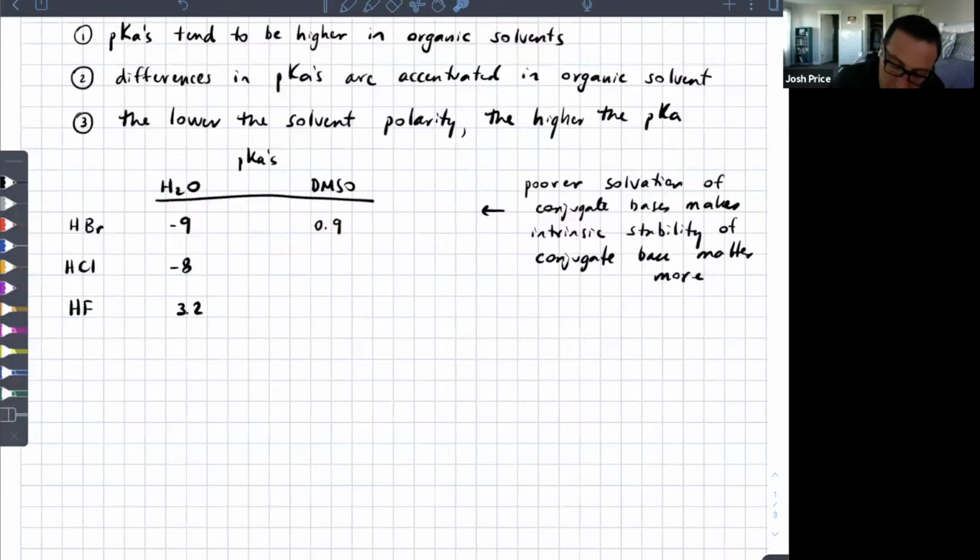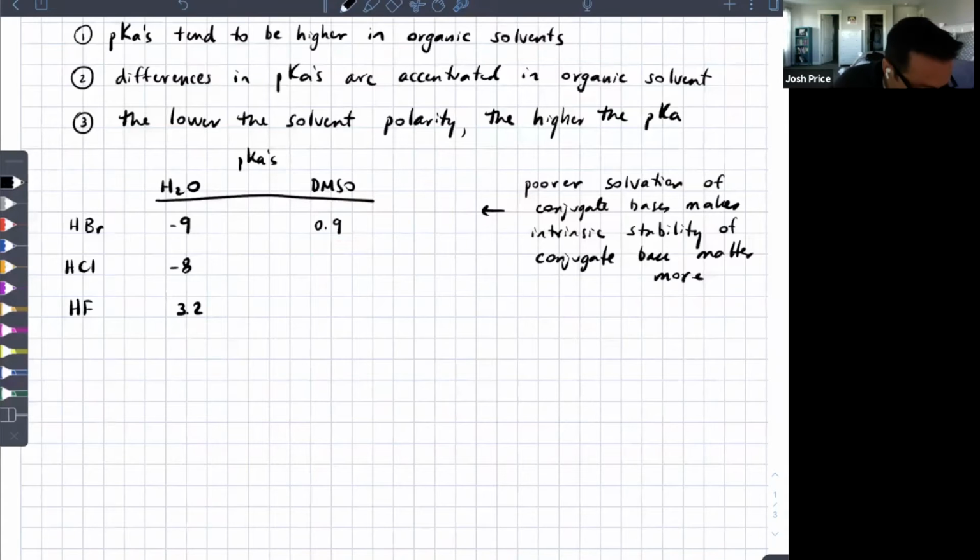though remember that this acidity in water is a myth, right? Because if you put HBr in water, all you have is H3O+ and Br-. Of course, in DMSO, HBr can persist a lot longer, but the value you get for the pKa in DMSO is still a little bit weaker than you could expect for H3O+.